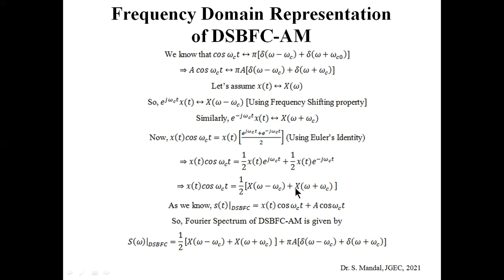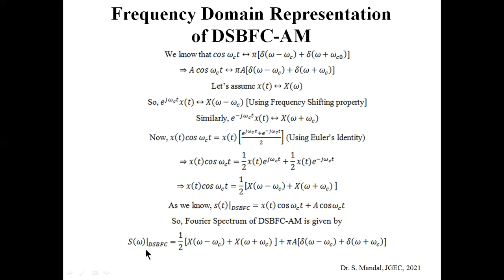The Fourier transform is half X(omega minus omega c) plus X(omega plus omega c) for x(t) cos omega c t, plus the Fourier transform of A cos omega c t. What is that? That is pi A times delta(omega minus omega c) plus delta(omega plus omega c). So that is the frequency domain representation of DSB-FC.